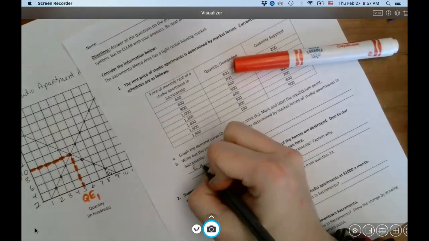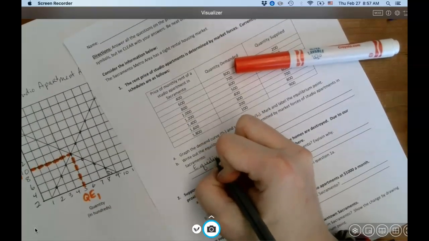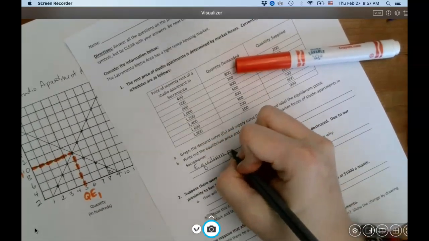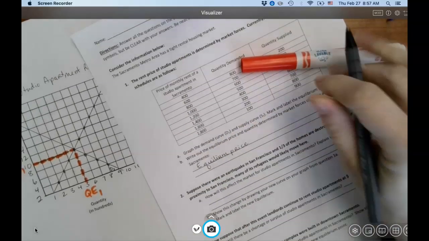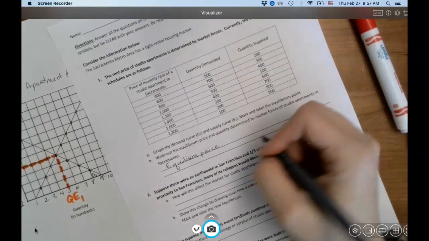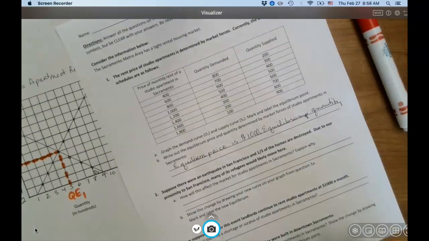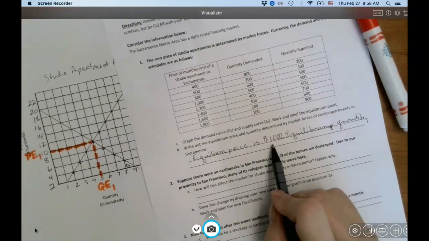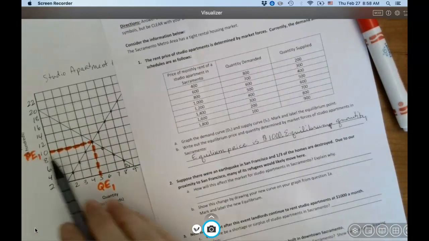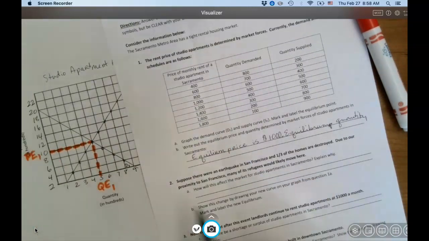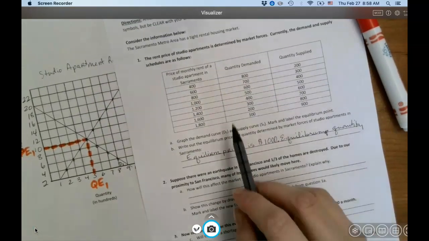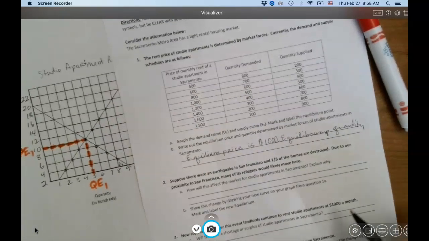And yes, you do need to write this out in full sentences and full words, not abbreviations. Okay, so equilibrium price is $1,000. Remember, this can get tricky if it says in hundreds. You might want to check your chart.